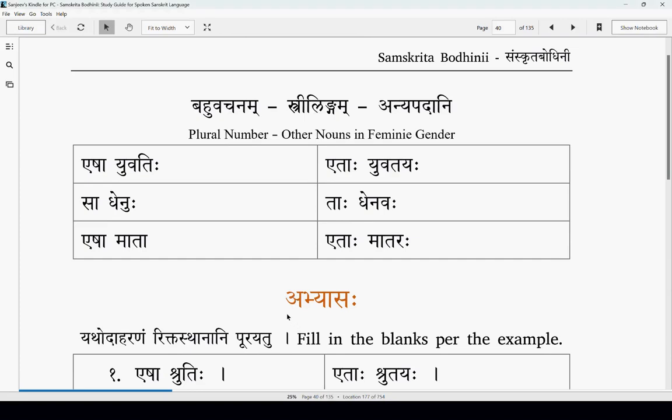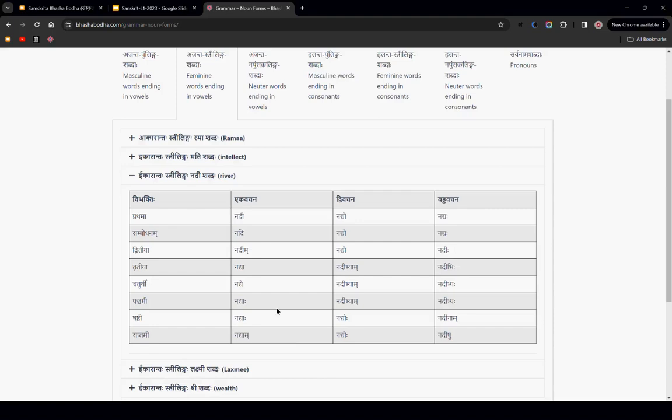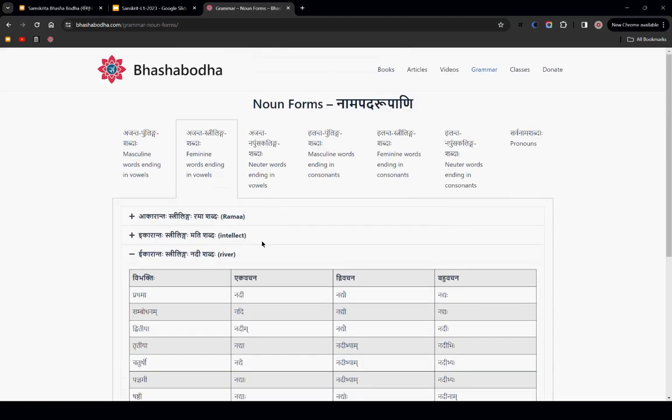The other words here, Yuvatihi, will be like Mati Shabda, as you have seen there: Mati, Gati. Yuvati. Then we have Dhenuhu, also a Strilinga word: Dhenuhu, Dhenavah.